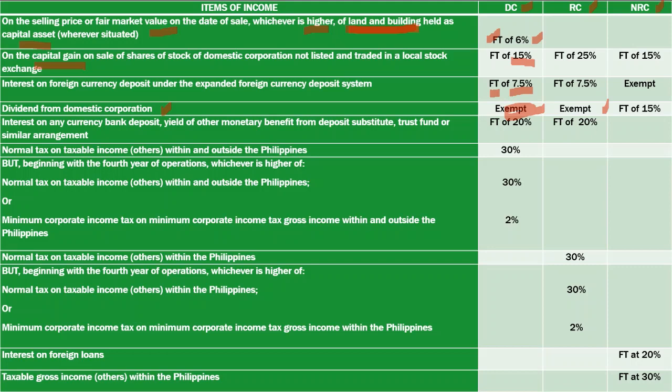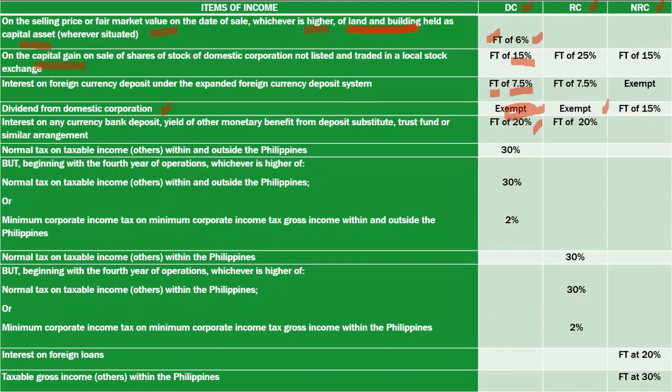In the interest on any currency bank deposit, ayan, it's subject to 20%. Example, the corporation has a savings account in a local bank here in the Philippines, let's say Metro Bank. So, if nag-earn ng interest yung kanyang savings account, definitely it will be subject to 20% final tax.